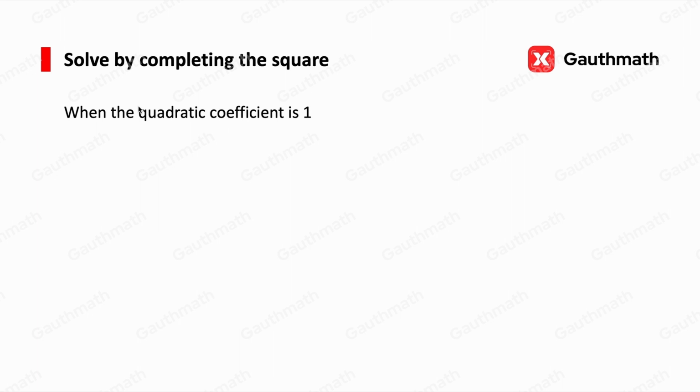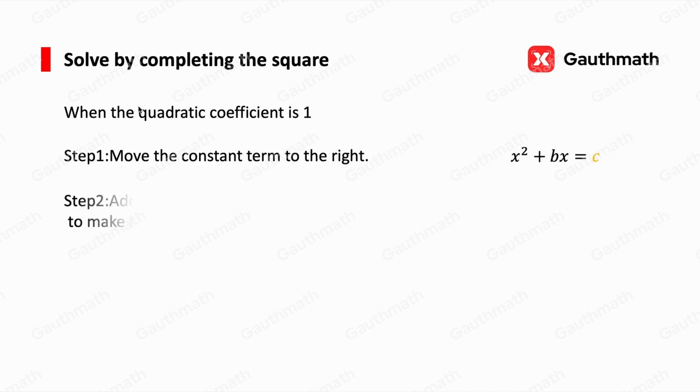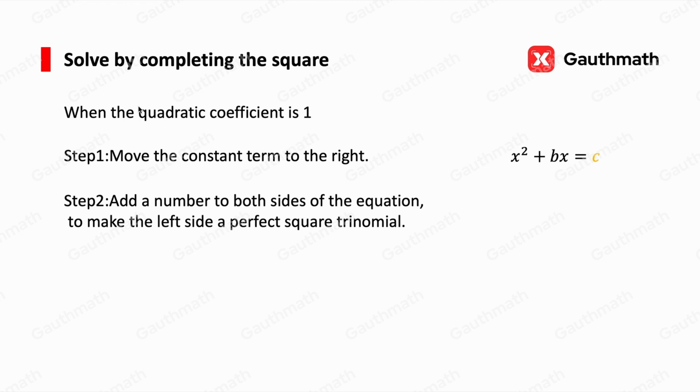So we may follow the steps to apply the method of completing the square. Step 1, move the constant term to the right. So the equation will be transformed into x squared plus bx equals c. And the second step, add a number to both sides of the equation to make the left side a perfect square trinomial.